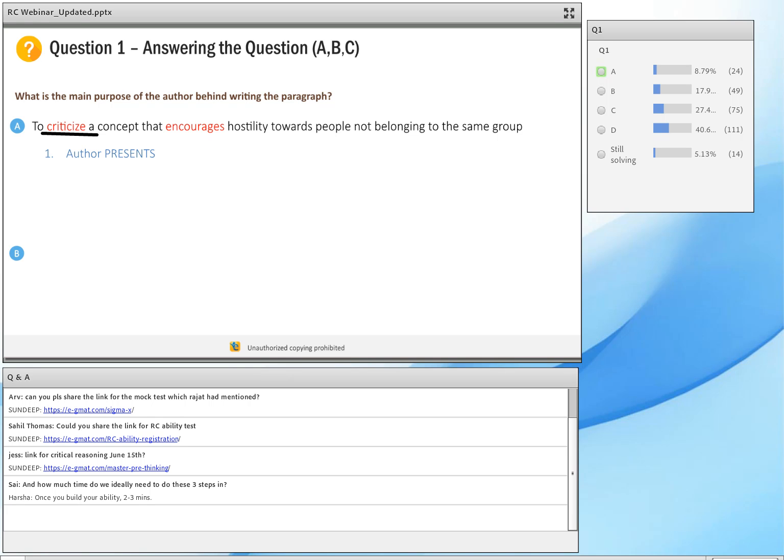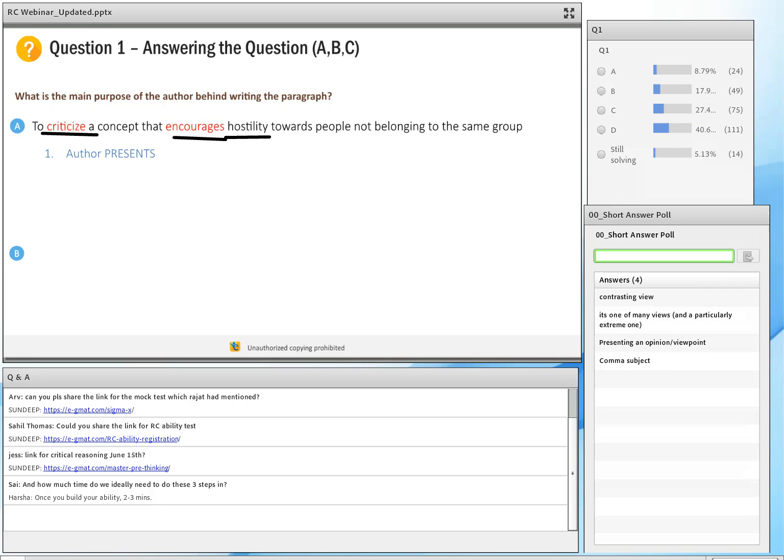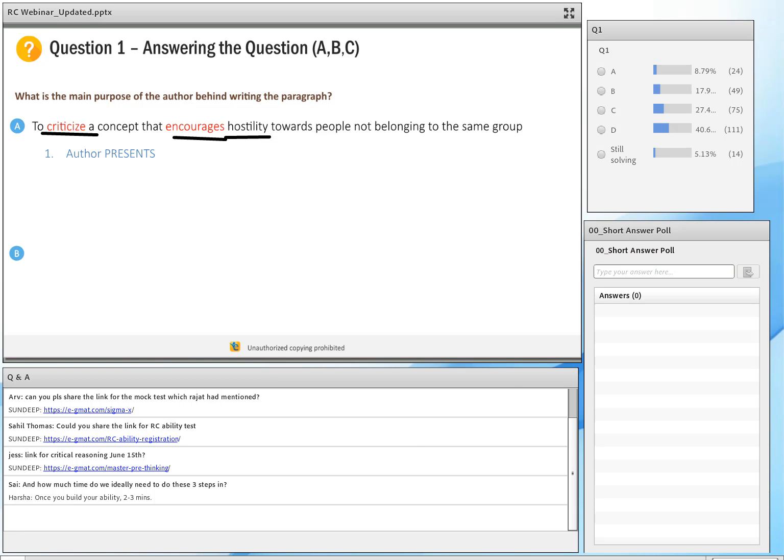The second thing is EC doesn't encourage hostility, and that's really, really important. When you look at this, what he really says is this is a definition of EC. It doesn't mean that EC encourages hostility. And that's really important. Can you see the distinction over here?